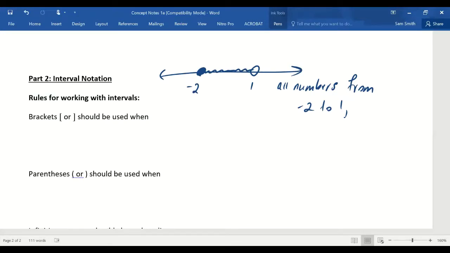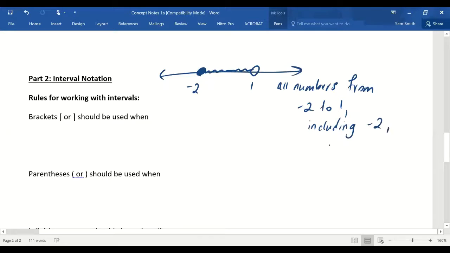Something like 0.347519 would be in here. This is a huge collection of numbers. I want to represent all numbers from -2 to 1, and I've drawn a closed dot to indicate that I would like to include -2 itself. I've drawn an open dot to indicate that I would like to exclude 1 itself.